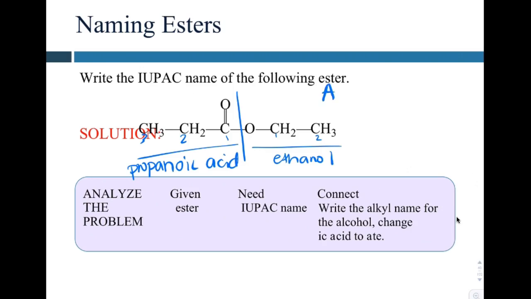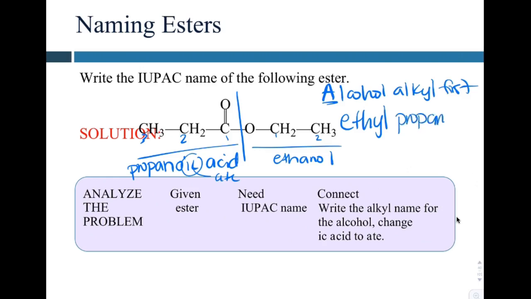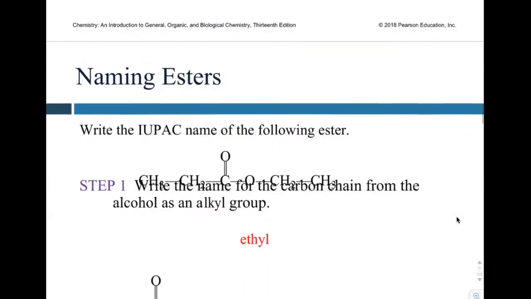I name the alkyl group first. So what's the alkyl group for ethanol? It is ethyl. And then I name the propanoic acid. We changed the ic to ate. So ethyl propanoate is the name of this ester. And you know what you need to make it. If I said, hey, I need you to make ethyl propanoate, you will grab some ethanol, and we grab some propanoic acid, and we would react it with heat and an acid catalyst.